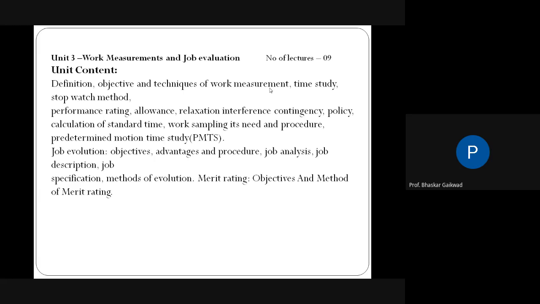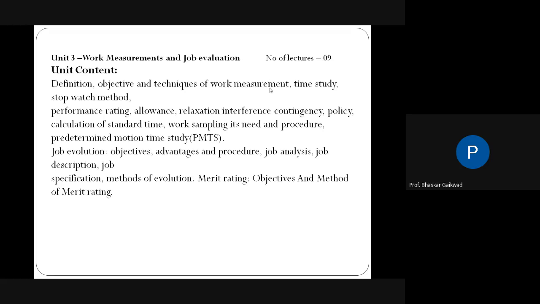Policy allowance is not considered. Then which allowances are required? Personal allowance, contingency allowance, relaxation allowance, or any other than policy allowance we can consider while calculating the standard time required to manufacture a job.